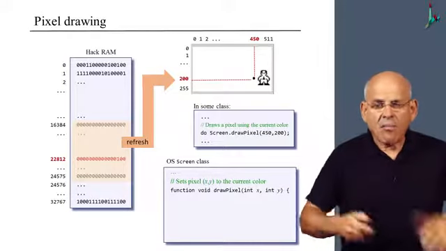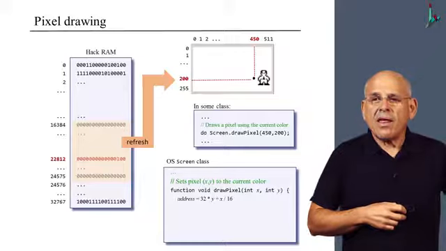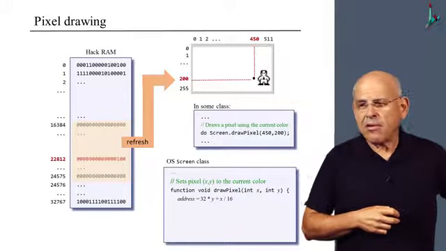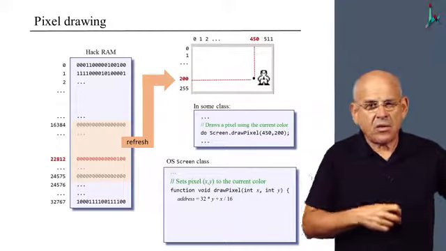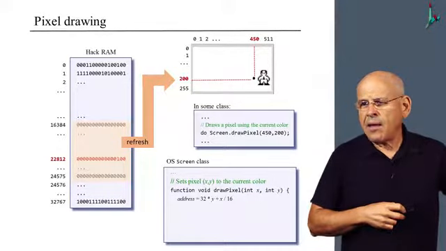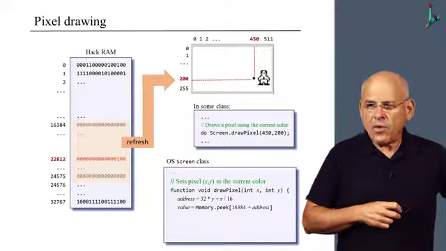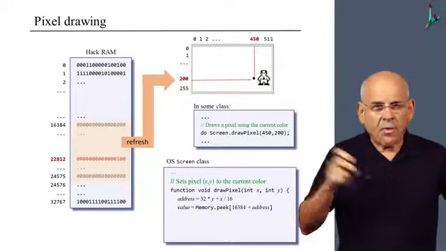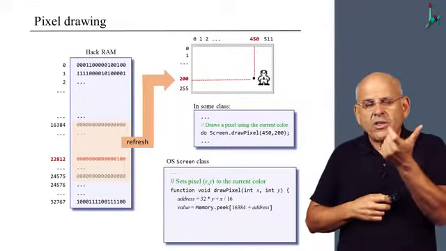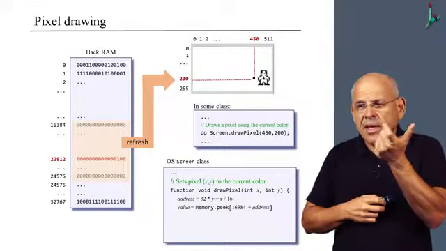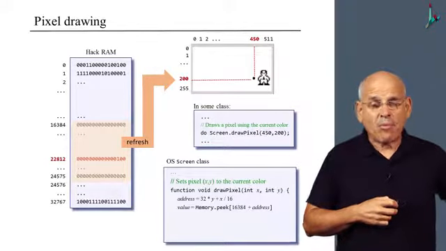And if you work out the math, you will discover that here's what you have to do. The address in the RAM of the word that we have to manipulate can be found using this multiplication and addition. And then what we do is we go to the RAM and we retrieve the value which is currently located in this address plus the base address of the memory map.